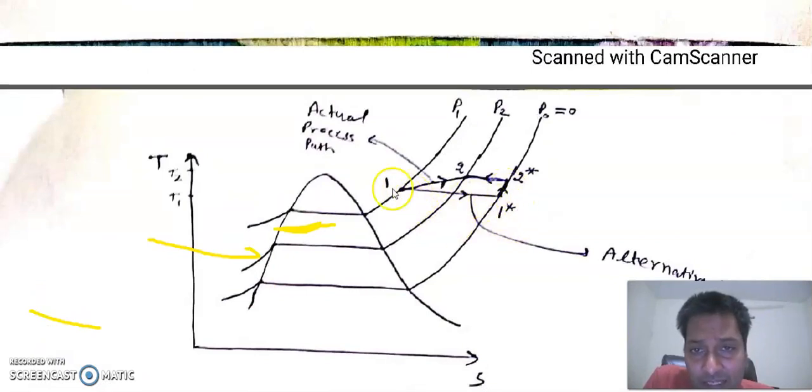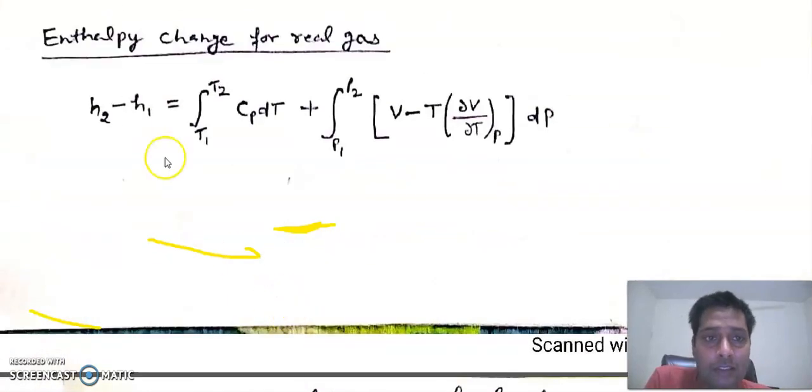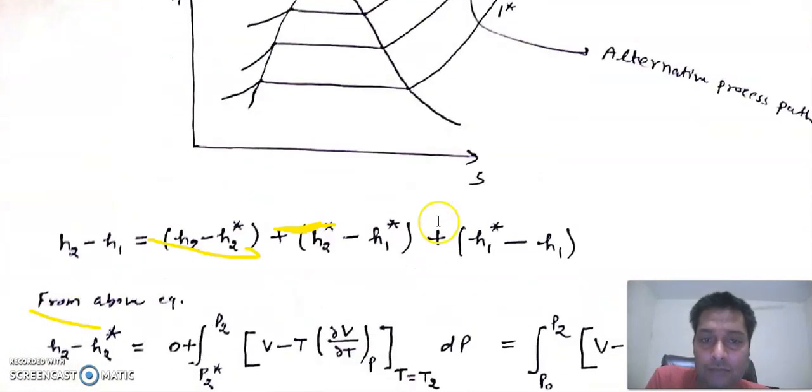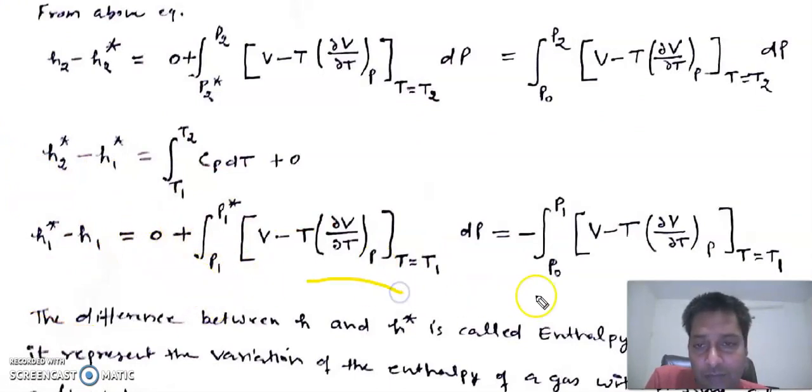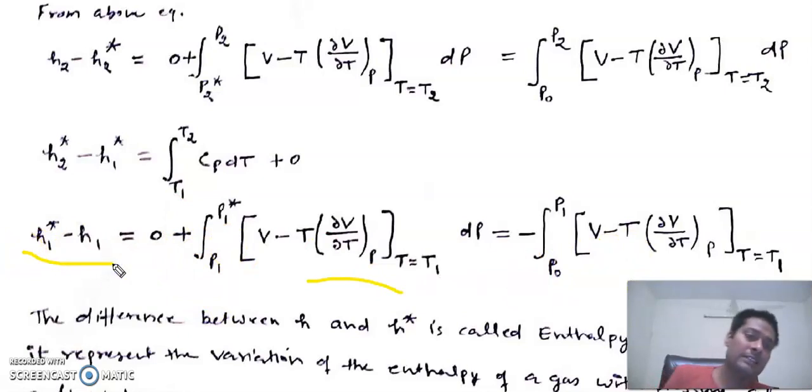Again this is an isothermal process, so the dT will be 0, this term will be 0, and we only have this term. For the third, the first term is 0 and we only have the second term. So this will be the value of change in enthalpy for this path.